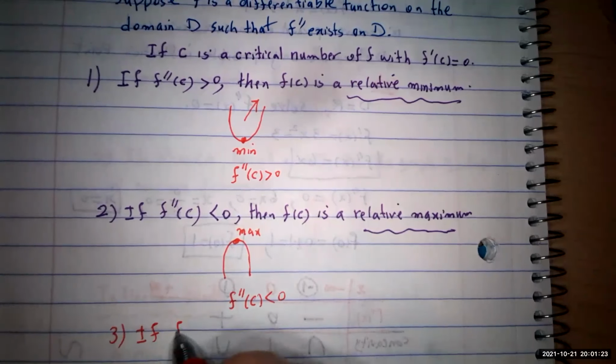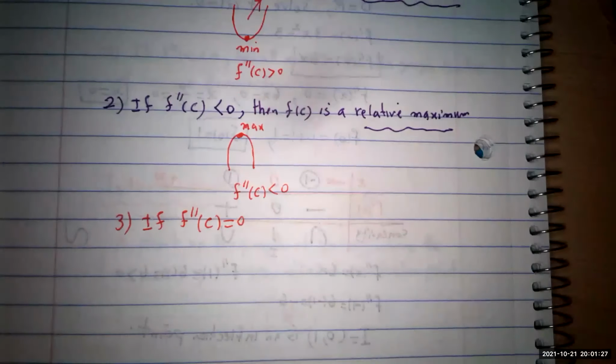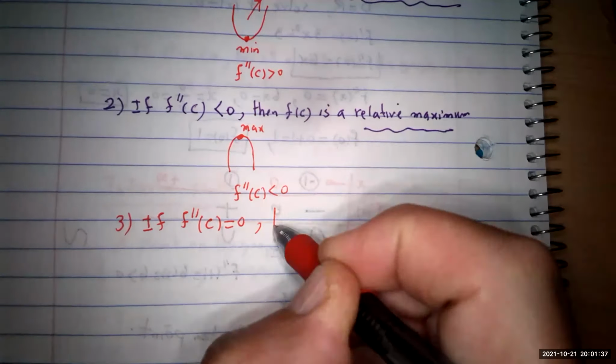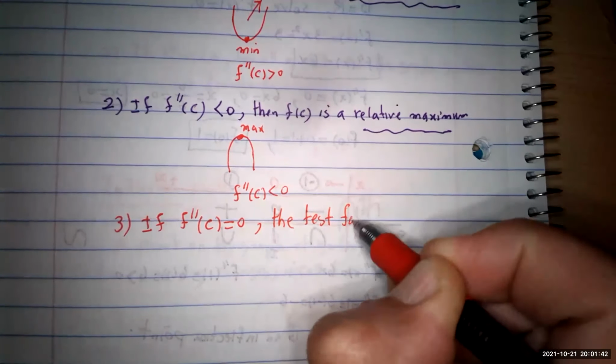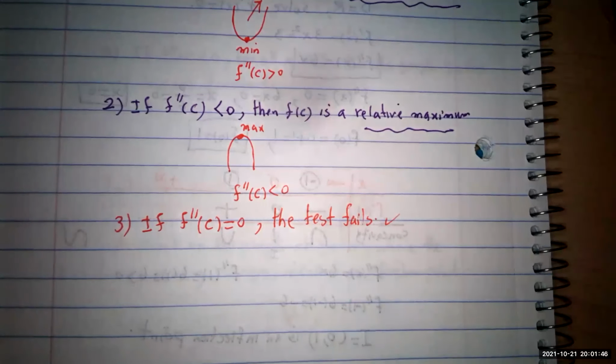If f double prime of c is 0, you'll be in trouble, because this means this is a wrong test. You cannot use it. You have to go back and use the first derivative test. So in this case, we say the test fails. Use the first derivative test.